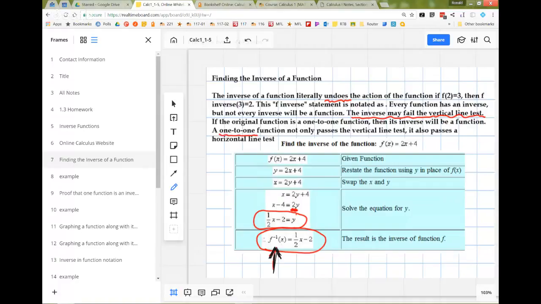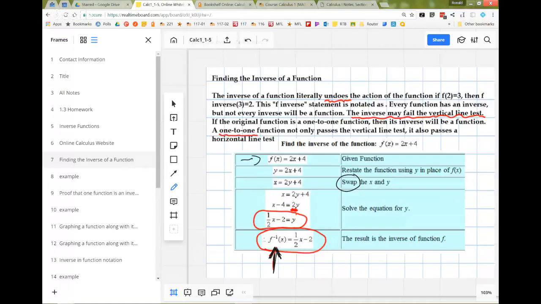Okay, so how do you find an inverse? If you look at the top, we have this function, f of x equals 2x plus 4. The first thing you do is replace the f of x with a y. And then here's a wild one, you actually swap the x and the y.